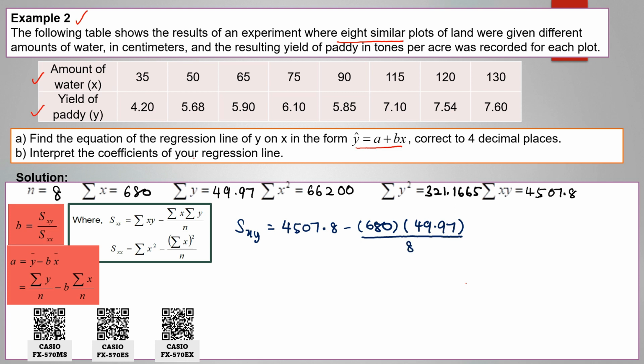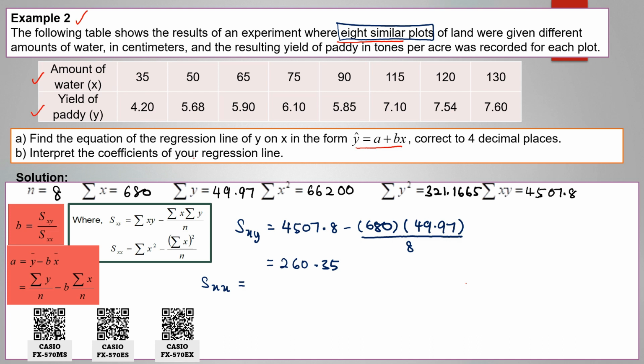Why 8? Because here we have 8 similar plots of land. So SXY would be equal to 260.35.